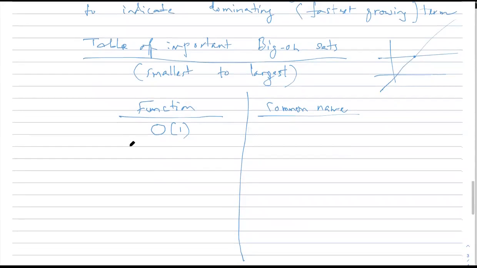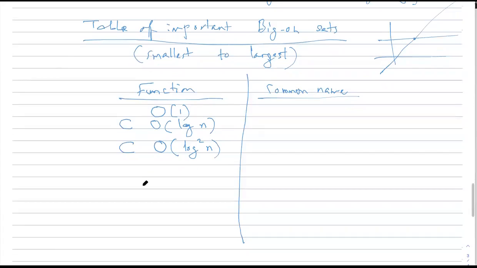So the sequence that it follows is that this is smaller than order of log n, and this is smaller than big O of log square n.